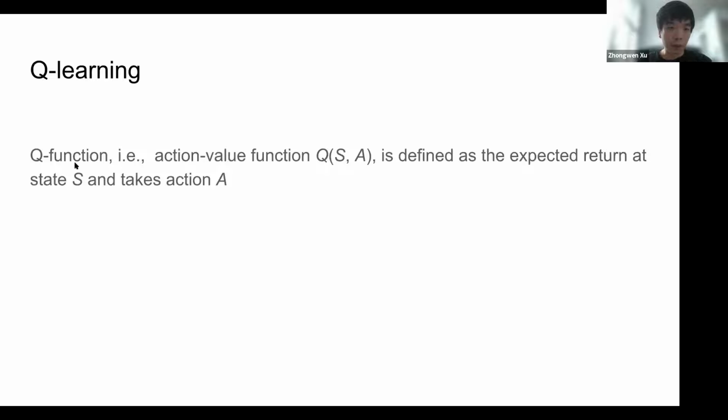We just talked about the concept of Q-learning. The key concept is that it helps the agent learn an action value function Q(s, a), and to reiterate the definition, it is the expected return at state s when taking action a.